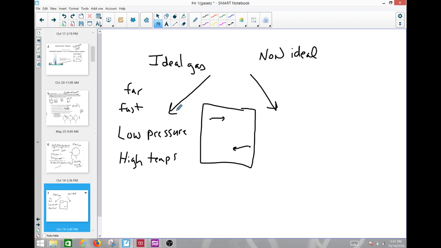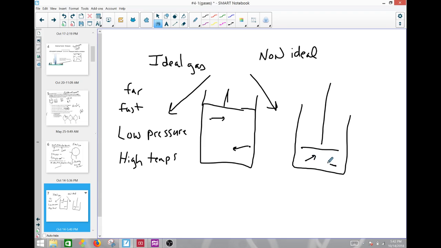How do I convert a gas into a non-ideal gas? Okay, well, if I take this box, let's say it's a piston, and I squeeze this thing down to the absolute smallest volume. Now it's in a smaller volume, they're much closer together, and I make it colder.